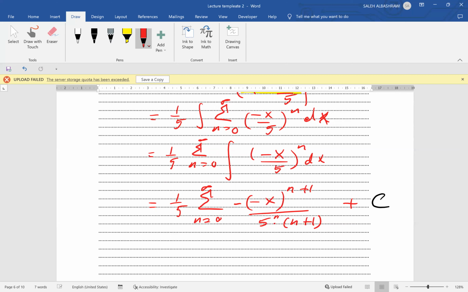So this will be the power series representation for the given function, which is ln of 5 minus x.